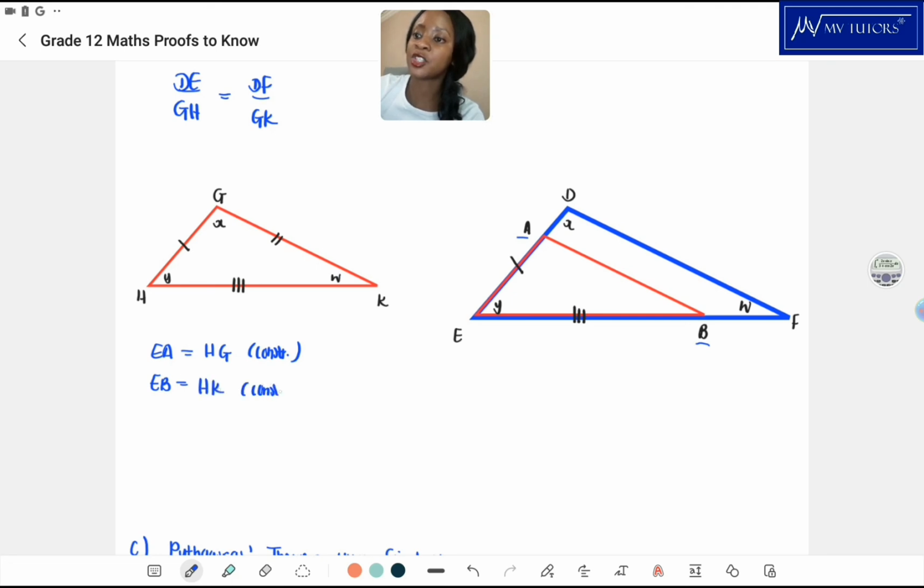Again, construction. And then it was given to us that H is equal to E, which is equal to Y. So therefore we have side, angle, side. So therefore we can say triangle ABE is congruent to triangle GKH.